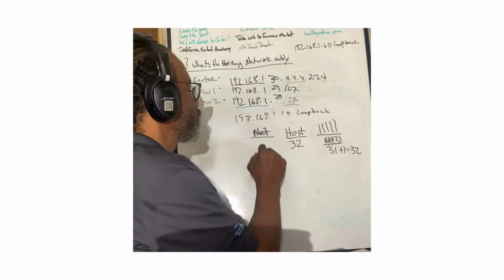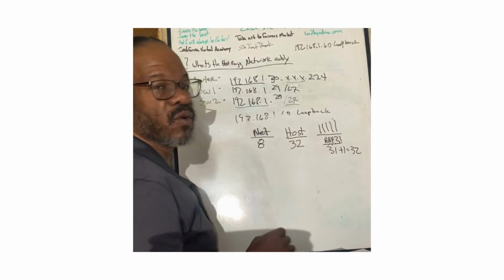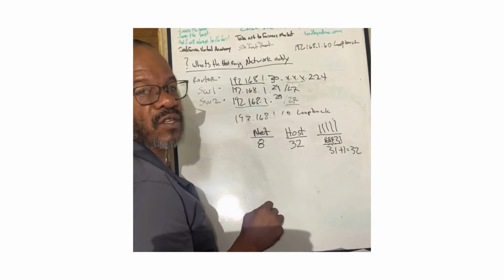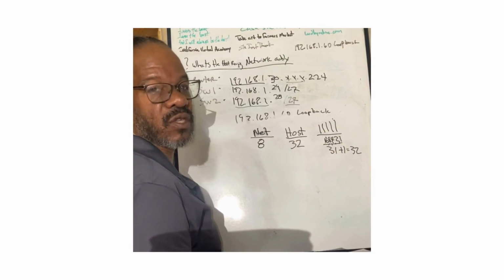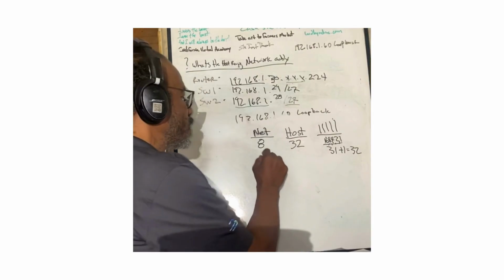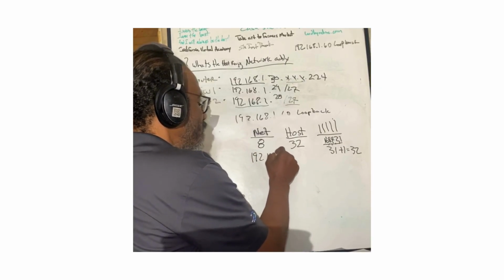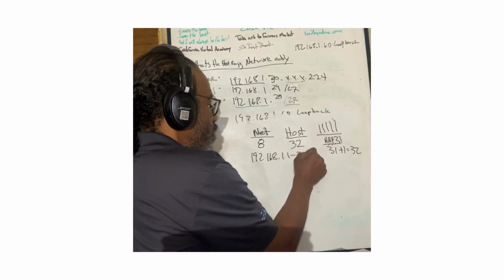I know by heart that 32 is going to go into 256 8 times. So that's going to give you 8 networks with 32 hosts in each one. So we're going to mark out the first net: 192.168.1.1 through 32.